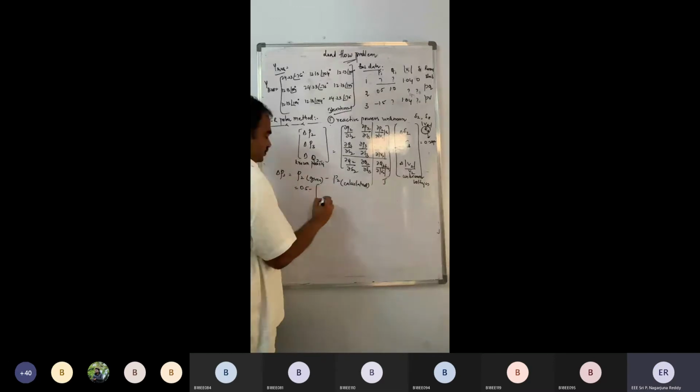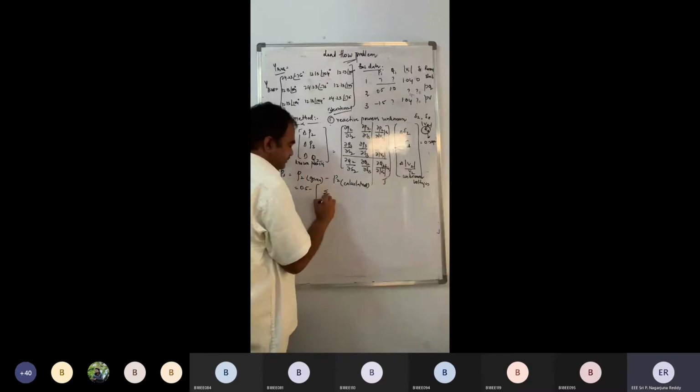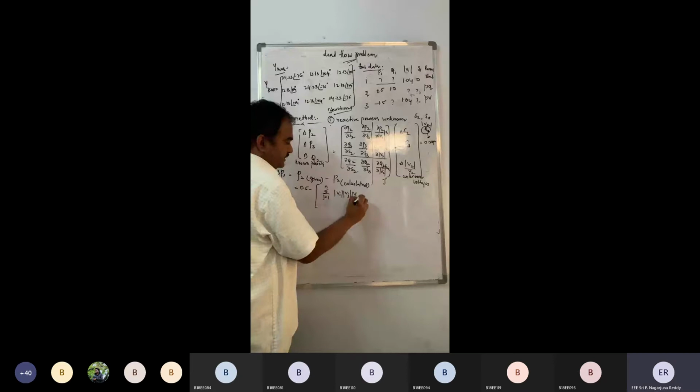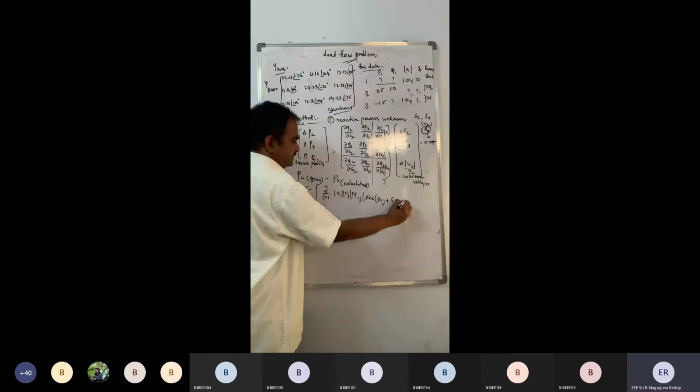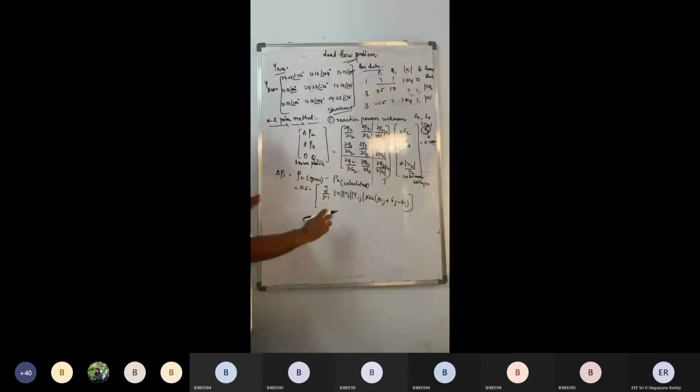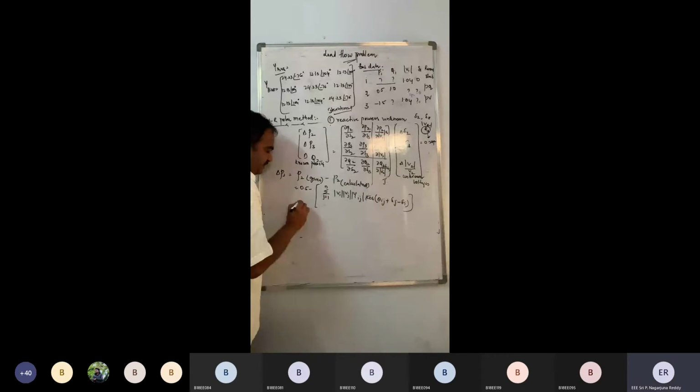Calculated, how do you have the equation again? Sigma j equal to 1 to m, Vi, Vj, Yij cos theta ij plus delta j minus delta i. This was the formula. This is the universal formula for active power calculation. Now, with the help of this formula, we calculate what is P2.